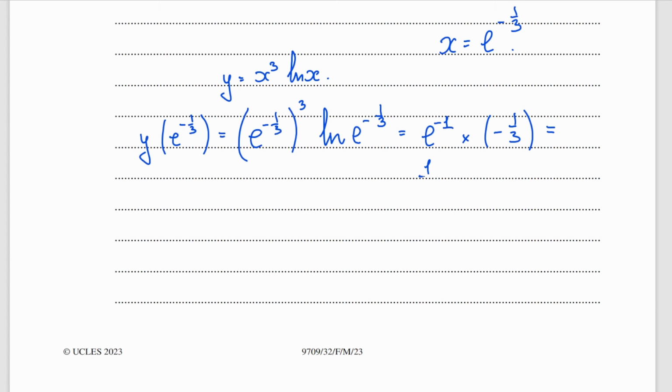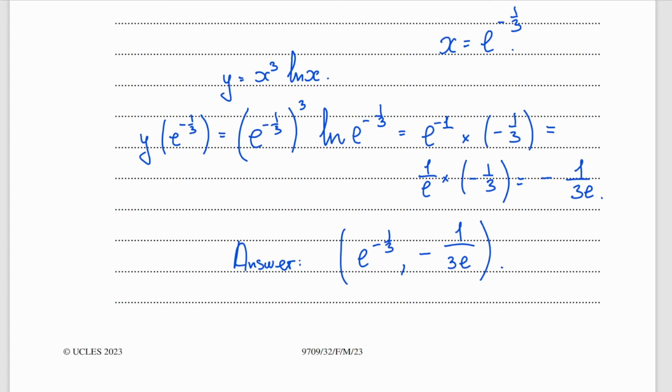Combine it together, and get minus 1 over 3e. That's my answer.